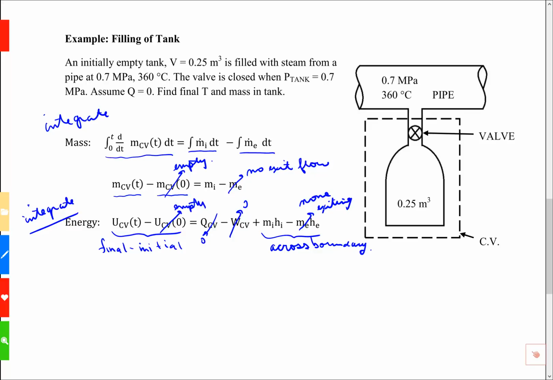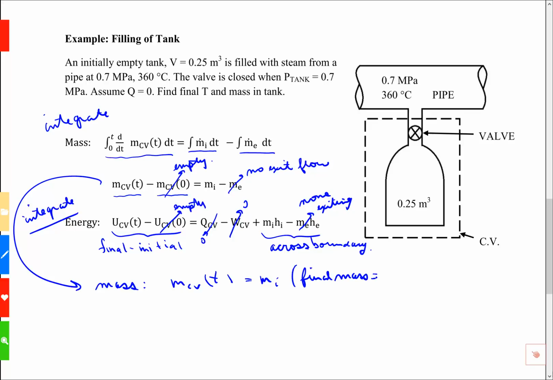The mass balance reduces to the mass in the control volume at time t is equal to the mass that flowed in. Let me say that in words. Final mass equals mass crossing the inlet.